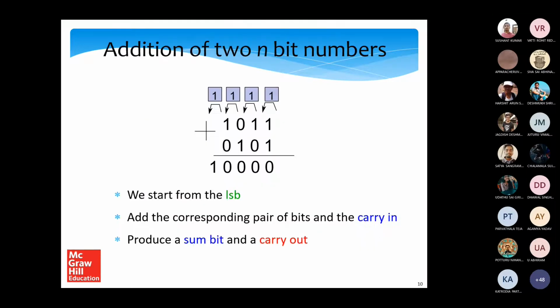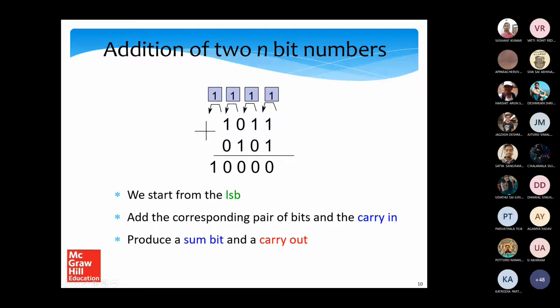Now, the point is, if you apply full adders or half adders to implement the addition of two n-bit numbers, like here we have one number 1011 and another number 0101. If you carefully observe, when we add the LSB with another LSB, it takes some time.